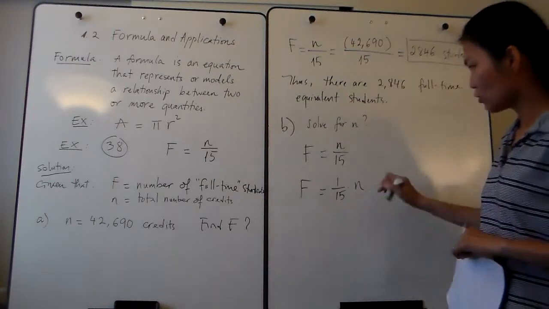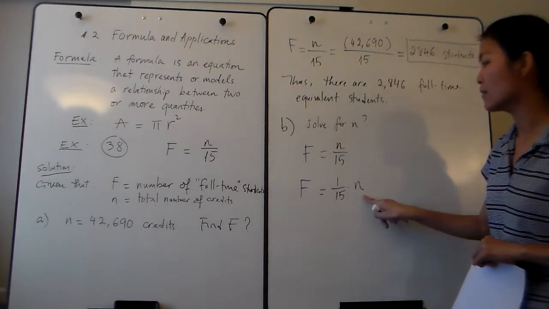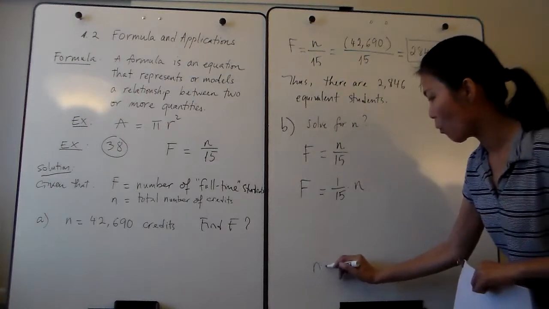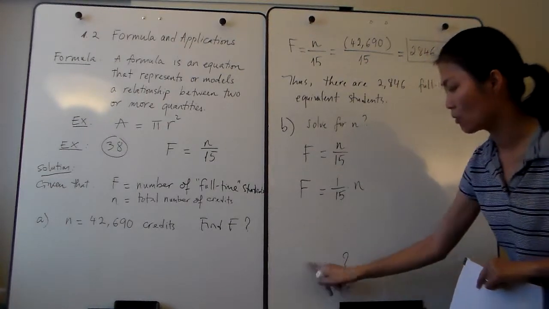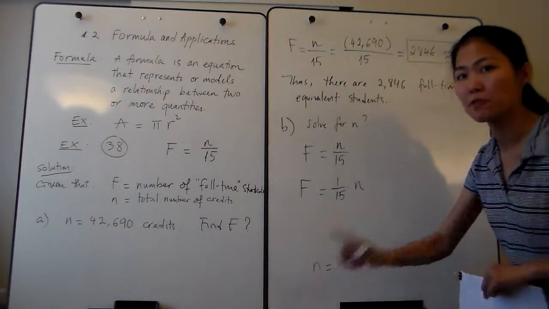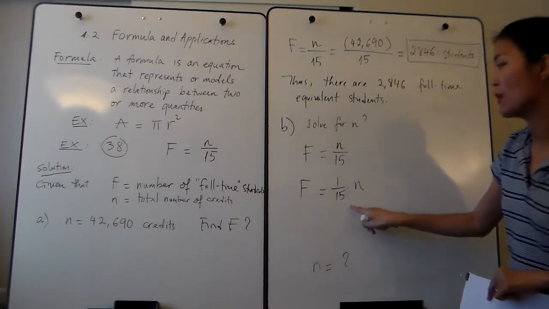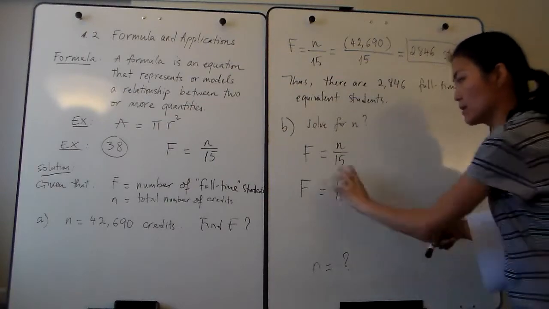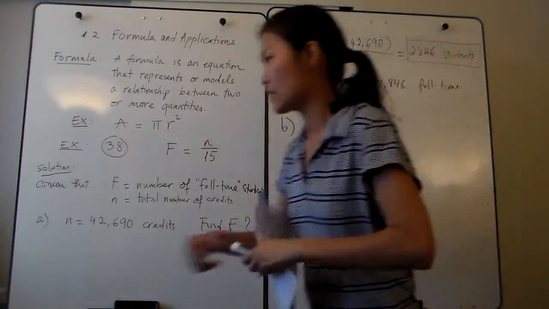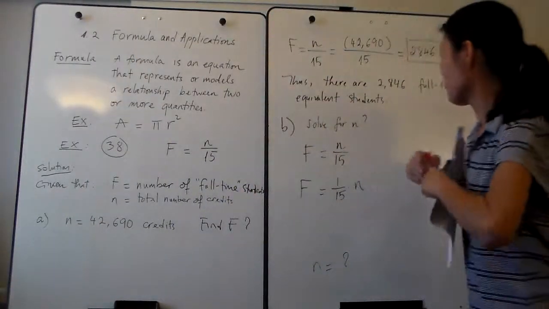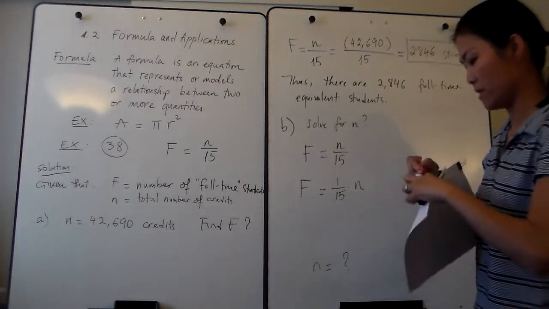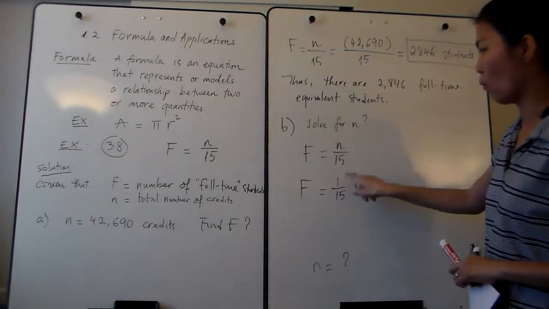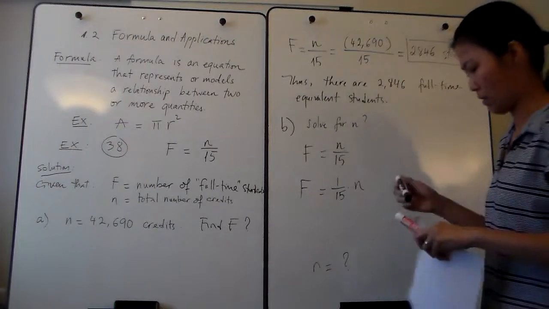Now, your goal is to solve for n. That means you want to solve n equals what? So, you want to obtain a coefficient of 1. But for now, you have the coefficient 1 over 15. So you need to eliminate this coefficient. And you can do that by multiplying both sides by 15. Right? 15 times 1 over 15 is 1.